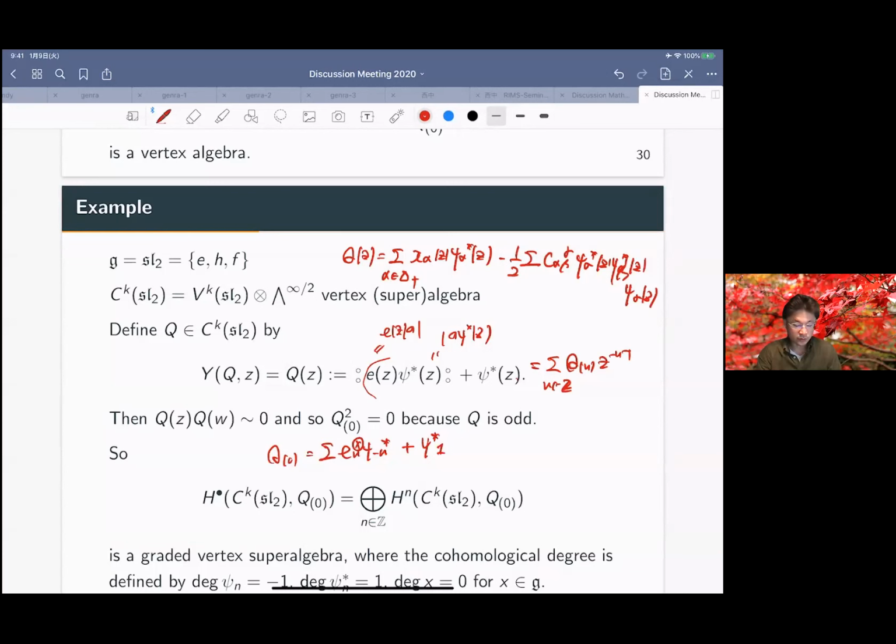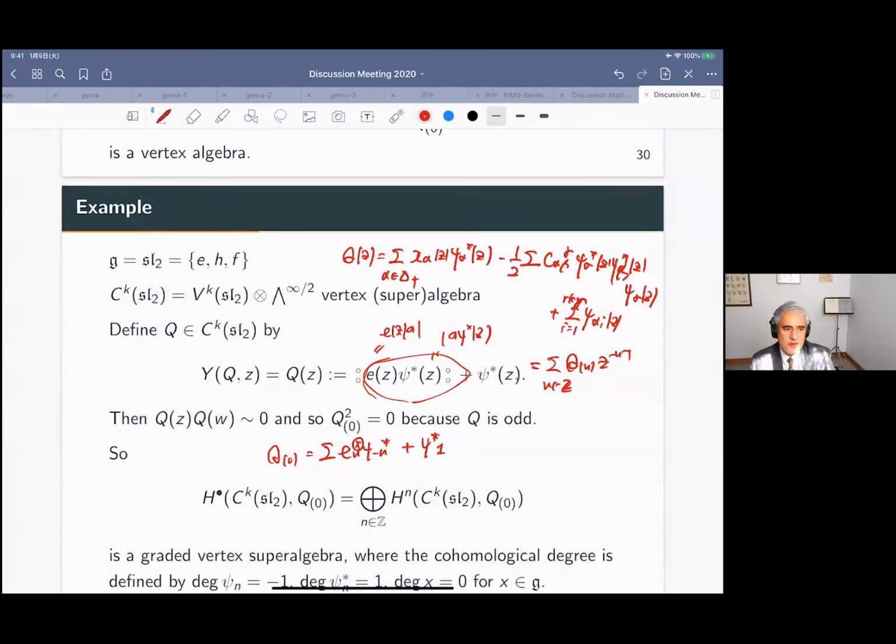This corresponds to this part, plus the sum of the terms with alpha_i, where i corresponds to a simple root.